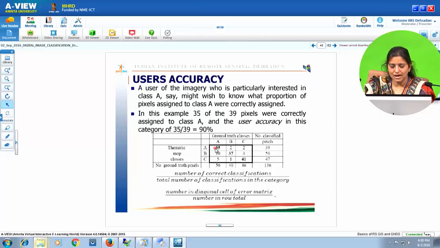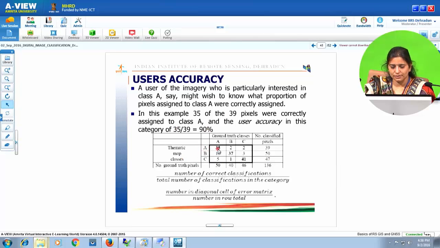So, how many are correctly classified out of the total number of pixels classified? 35 divided by 39 would give the user's accuracy of class A. Similarly, we can have user's accuracy of class B and class C.